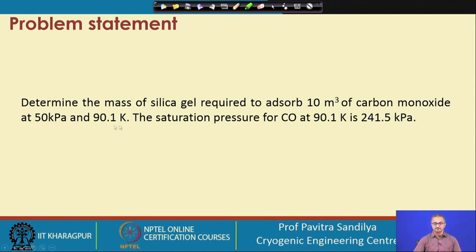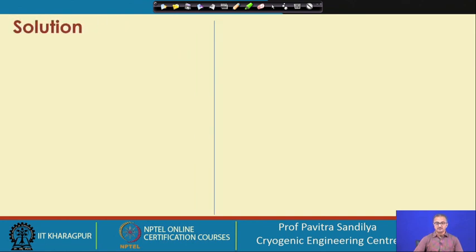The saturation pressure for carbon monoxide at this particular temperature is given as 241.5 kilopascal. So, with these data we have to figure out what would be the amount, that is the mass of the carbon monoxide that can be adsorbed on this particular silica gel adsorbent.